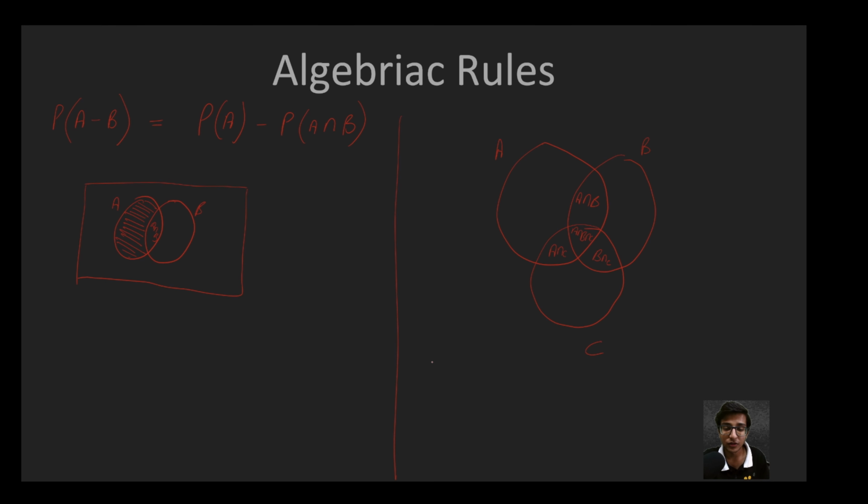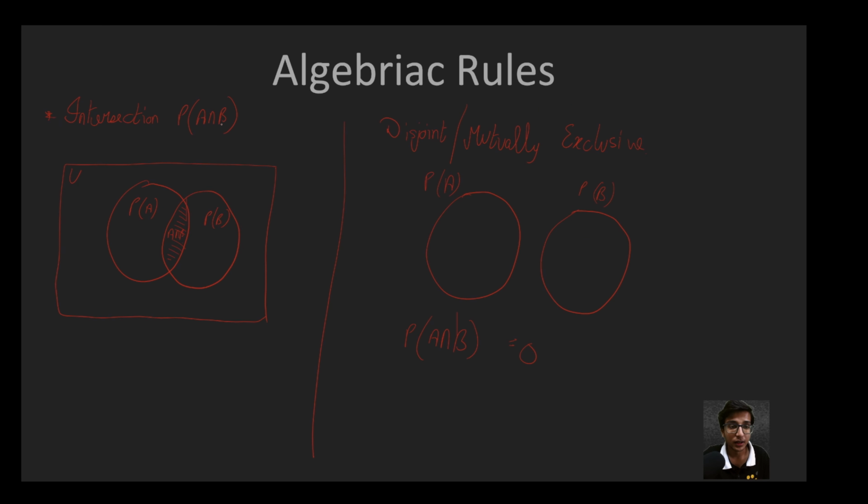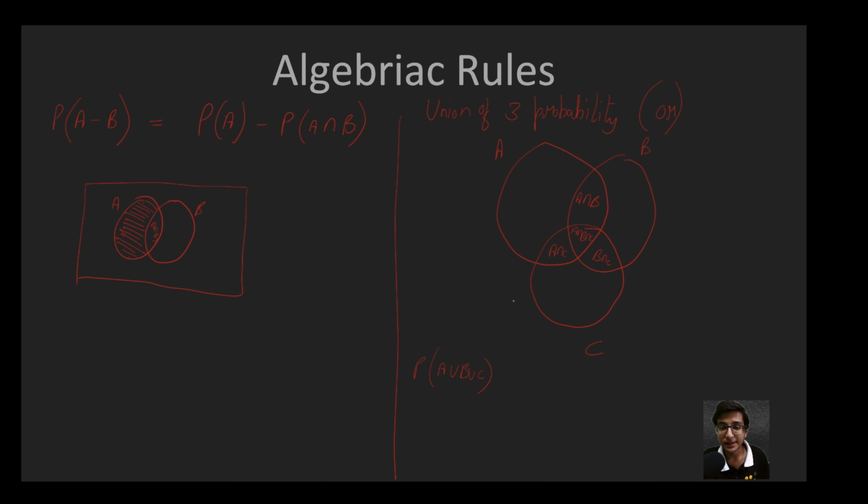And now let's say I was to write down P of A union B union C, the union of 3 probabilities. Again, we represent union by "or", I hope you all remember, and we represent intersection by "and". So just remember these things.